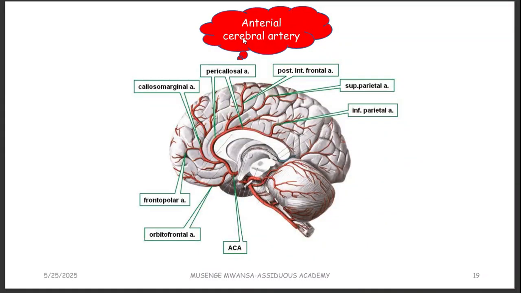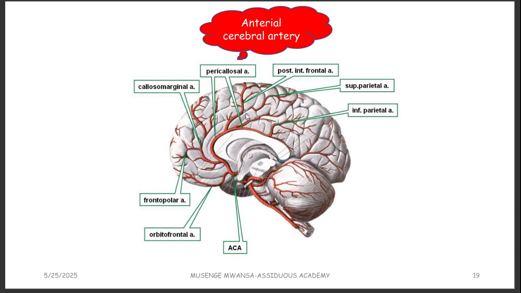So what are the branches of the anterior cerebral? You don't really need to know, but just know that the anterior cerebral gives these branches: the orbitofrontal, supplying the frontal lobe, the frontopolar, and the callosomarginal. You have what we call the corpus callosum, which connects the left side of the brain to the right side of the brain.